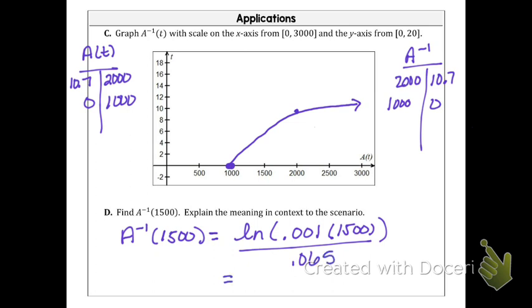And so I just calculate that and I get 6.238. And so remember 1,500 is the ending amount, so this is going to be the time, so this is the years. And so there's another ordered pair if I wanted to use it. To go back up and just check my table, at 1,500 I should be at about 6.2. That doesn't look like I'm too far off on that.